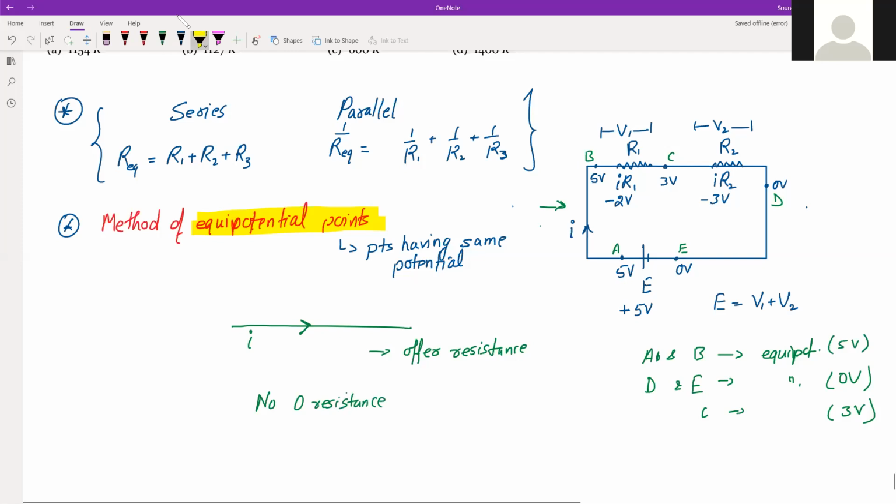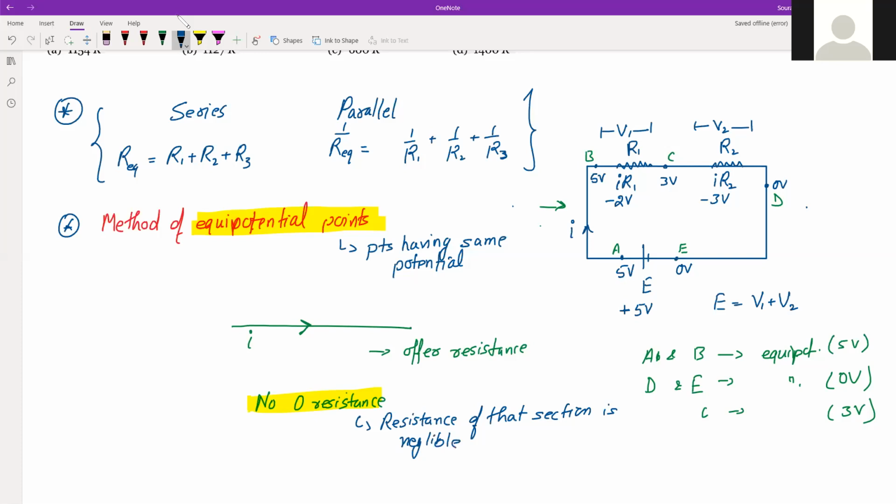When we say there is zero resistance, we just want to say that the resistance of that section is negligible as compared to other elements or sections in the circuit.